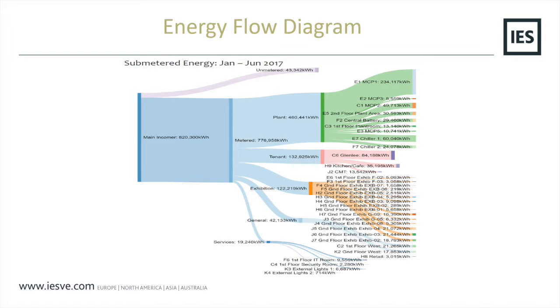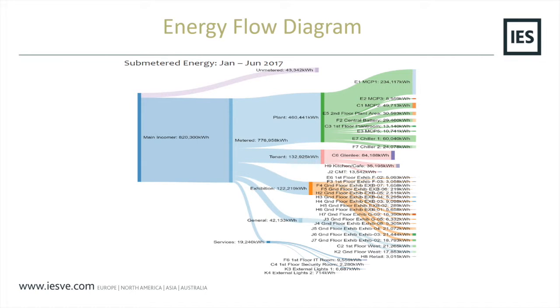Just another view, when we look at some data, on the left-hand side is the main incomer, and we can then look at the submeter information. So when we look at the balance between the right-hand side and the left-hand side, we can work out is there any unmetered component, and quite often, unmetered could be a big component in the building, 50% unmetered if your submetering strategy is not good.